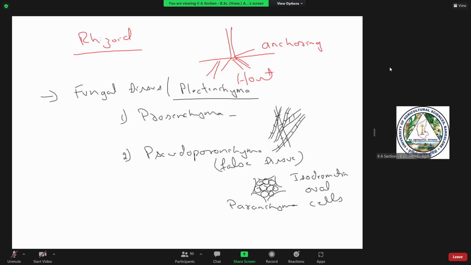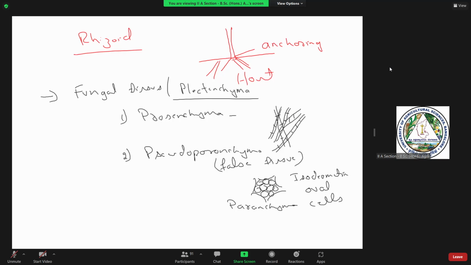So these are the common modifications that we see with respect to the fungi. That is, we come across a rhizomorph, a mycelial strand, a rhizoid, and a fungal tissue or plectenchyma. Under this, we have a prosenchyma, which is loosely arranged, where the hyphae lie parallel to one another with elongated cells, and they are distinguishable.